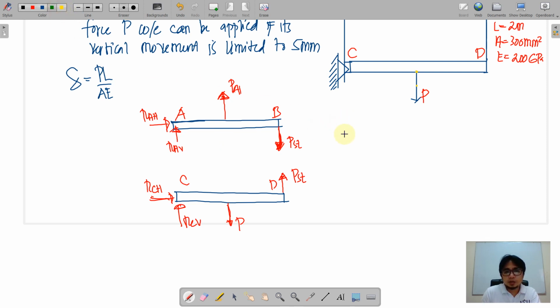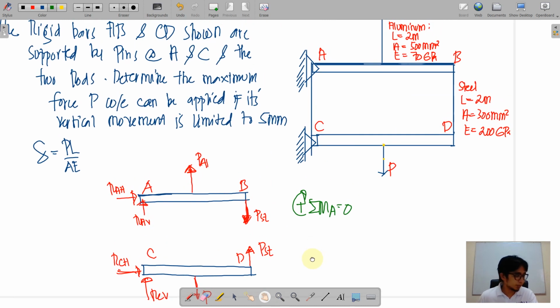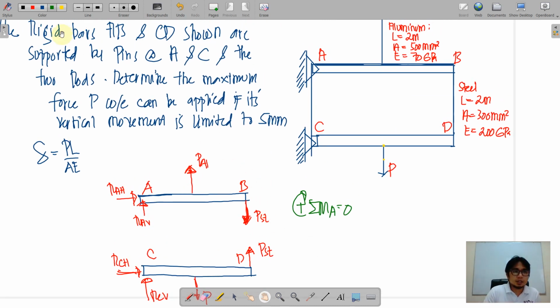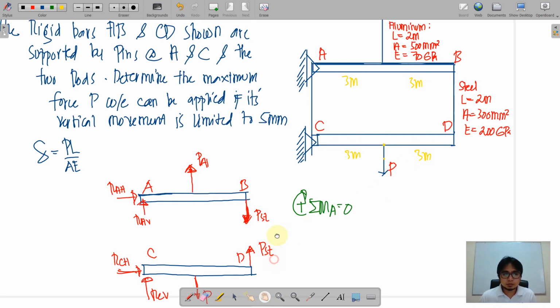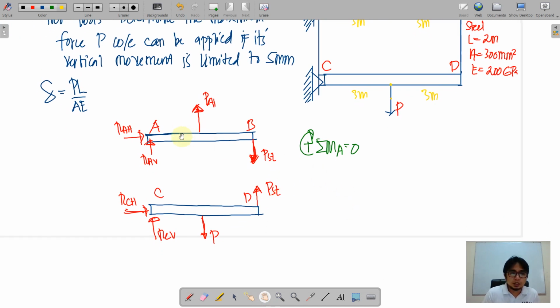So we're going to take moments at A. Of course, we should have distances here. I think this is 3 meters, 3 meters, 3 meters, and this is also 3 meters. So let us indicate those distances here also.